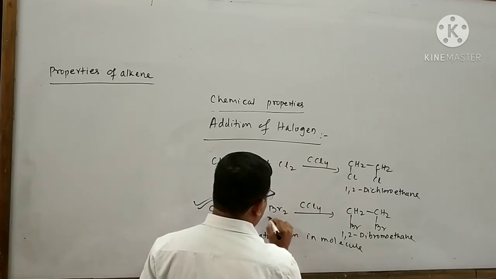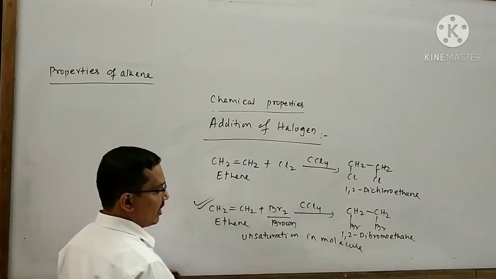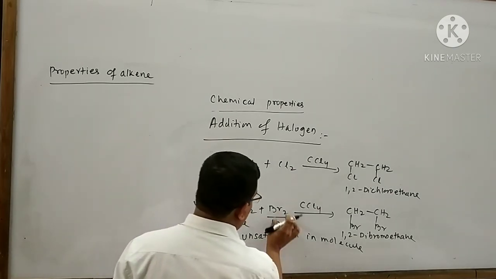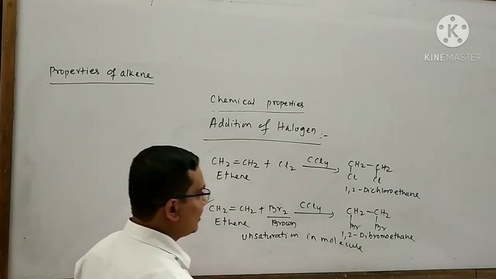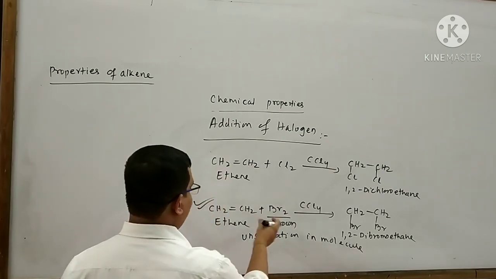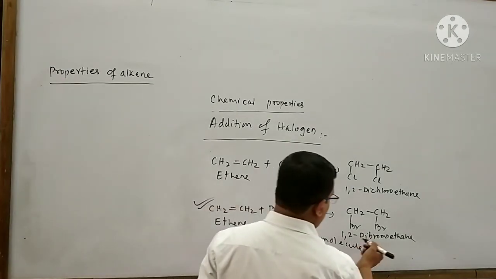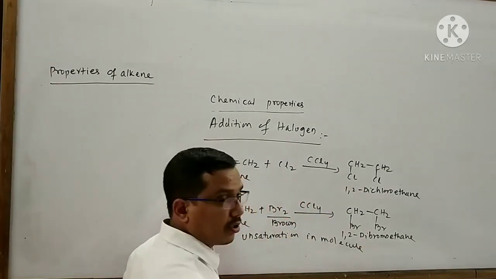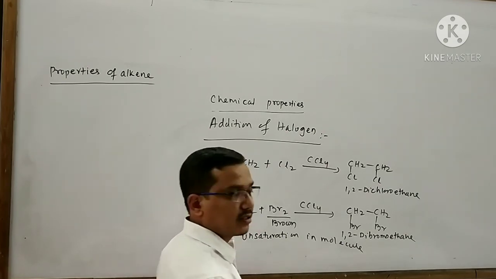The color of bromine is brown. When an unsaturated compound reacts with bromine, the brown color of bromine gets rapidly discharged. As a result, we can know that bromine reacts with the unsaturated compound and forms 1,2-dibromoethane. This test is also called the bromine water test or unsaturation test.